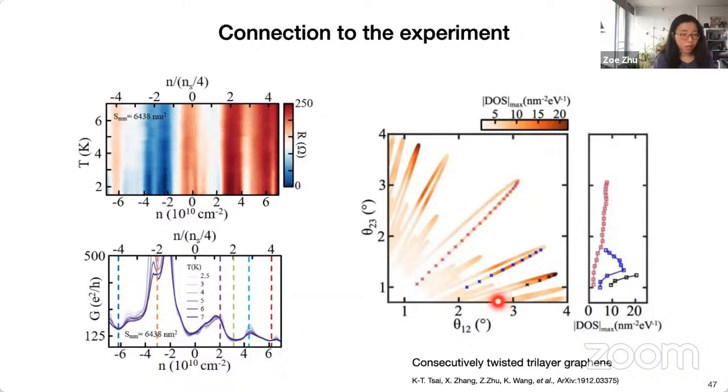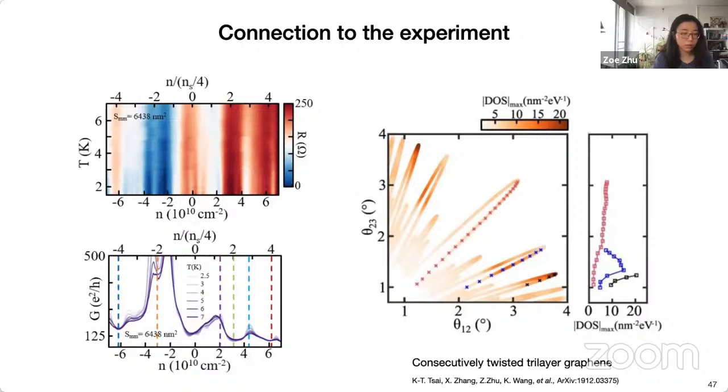Based on the area and the observed correlated behavior, we know that the density of states needs to be enhanced. So we can conclude that we need to be basically on this area of the twist angle space, or this one. They're related by a symmetry. Even though we cannot uniquely pin down what the twist angle is, this gives us some idea of where you are in this phase space.